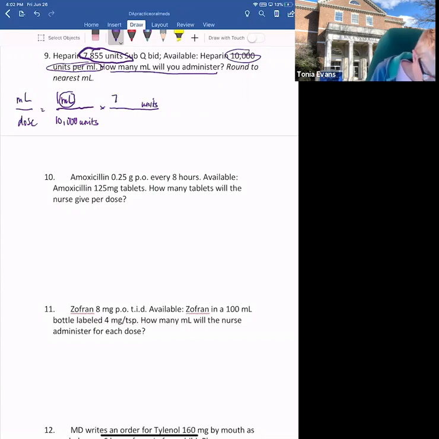And I've got an order for 7,855 units per dose. So 7,855 divided by 10,000 equals. Now this says round to nearest milliliters. So when I did the math here, I come up with that. So I'm going to round to the nearest milliliter. So I'm going to say 0.7855 equals 1 milliliter per dose.